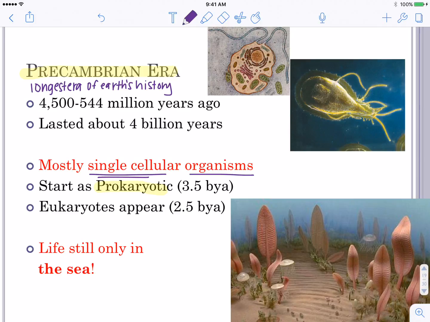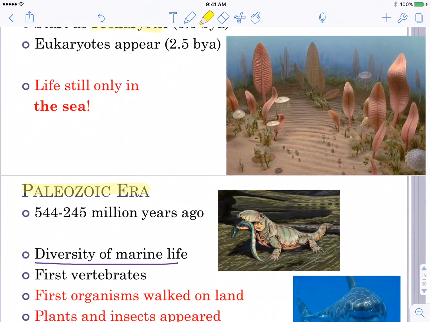The prokaryotes appeared about 3.5 billion years ago, and so they lasted quite a bit of time. The eukaryotes appeared a billion years after them. So overall, mostly prokaryote, almost all single cellular organisms, only in the sea, and the longest era of Earth's history. That's kind of a big deal.